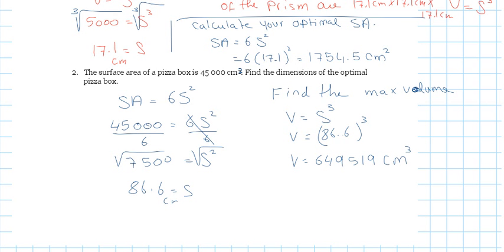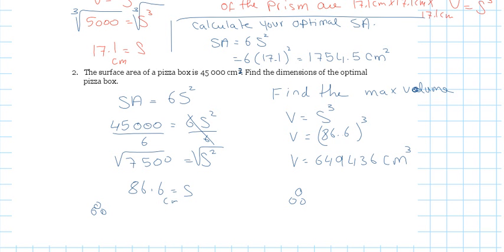So remember to do your therefore statement. If you didn't get that, it's probably because I used the whole number, the 86.6. Don't forget to write your therefore statement so you don't lose marks.